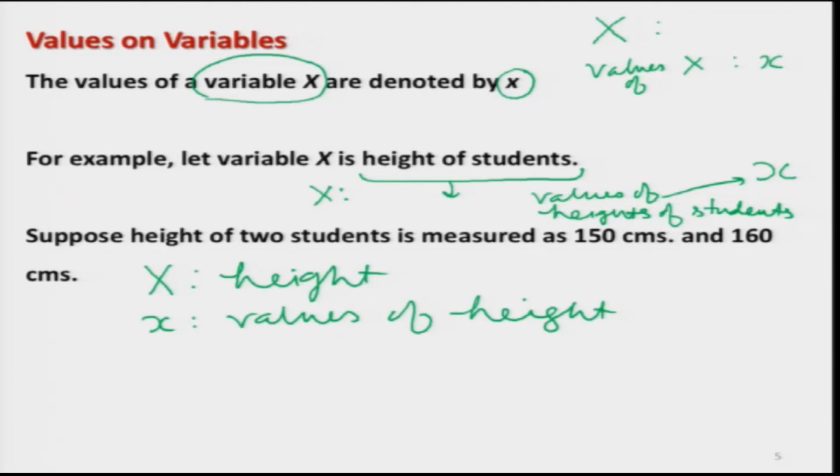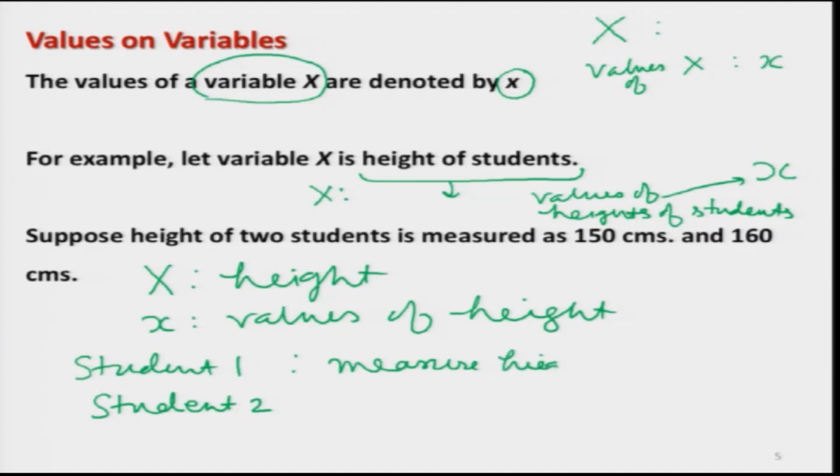Suppose I take two students, student number 1 and student number 2, and I try to measure the height. And again I try to measure the height of the second student.